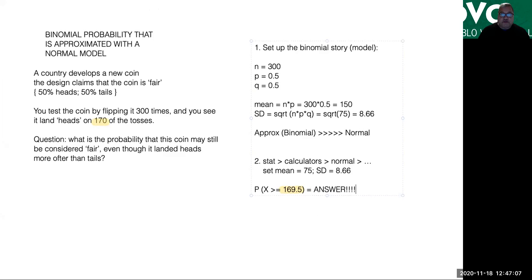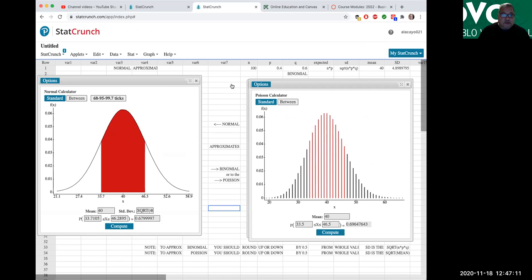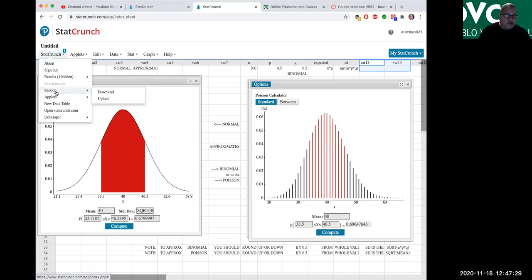So let me go into StatCrunch and set the values here to 300, 0.5, 0.5. Run the two calculations.